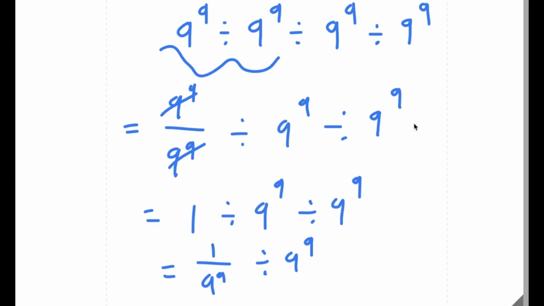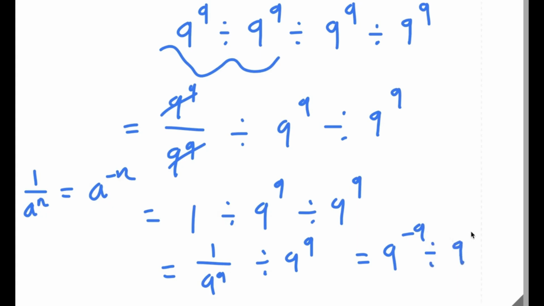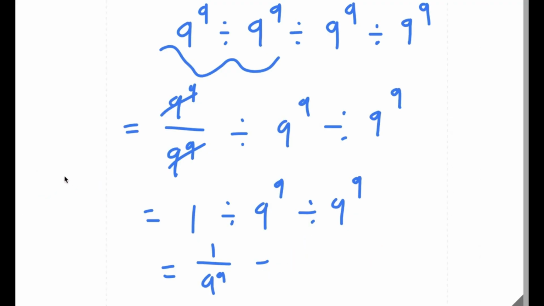Now, if I have something in the form 1 over a to the power of n, this is the same thing as a to the power of negative n. So 1 over 9 to the power of 9 is going to equal 9 to the power of negative 9. Now I have this divided by 9 to the power of 9. So now, let me clear out this page.